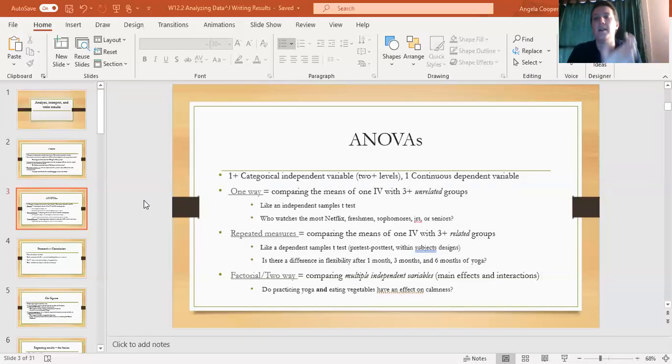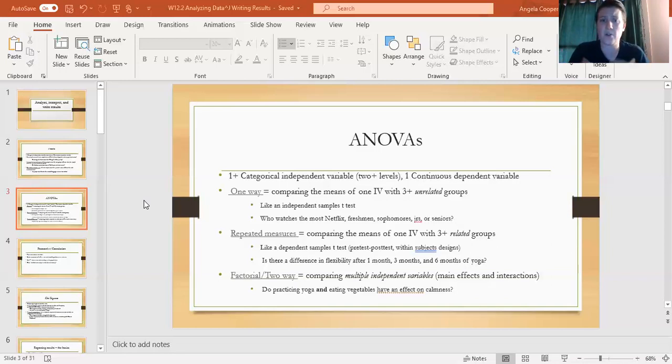It's the same group of 100 people doing this treatment, and we're looking at their differences in a continuous dependent variable, a quantitative variable, at 1 month, 3 months, and 6 months. If it was a dependent samples t-test, we might just go with 1 month in and 6 months in, but with a repeated measures ANOVA, we have 3 different time points in which we're measuring.